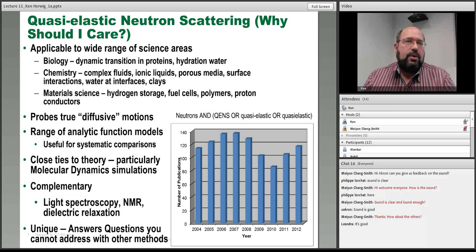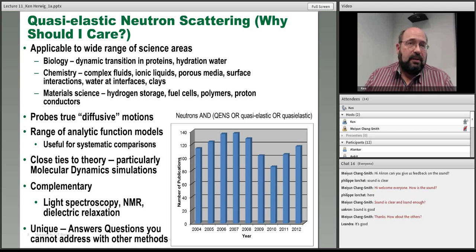That's very useful when you're controlling your sample parametrically, like temperature or pH or other thermodynamic variables that you might be interested in looking at. The analytical models that you can use to analyze the data give you a nice framework for understanding what the systematic differences are between those measurements.